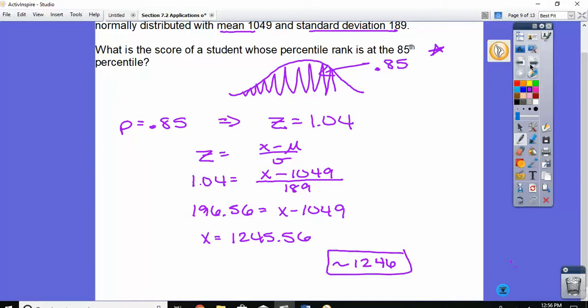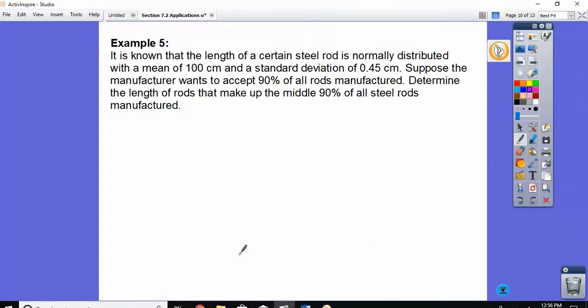Let's look at another one then. It is known that the length of a certain steel rod is normally distributed with a mean of 100 centimeters and a standard deviation of 0.5 centimeters.